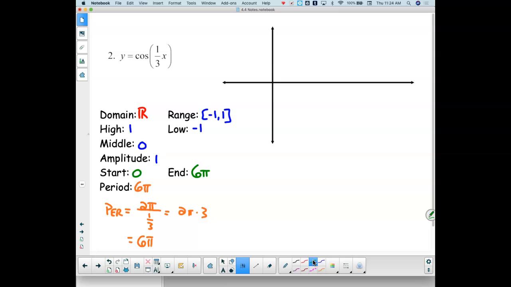I get a period on this one of 6 pi. 2 pi divided by 1/3 is 6 pi.